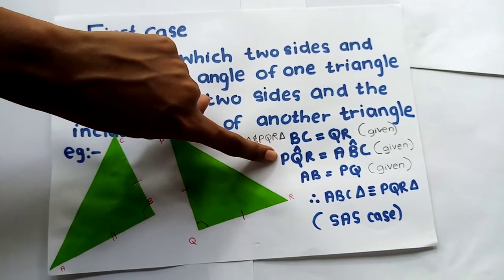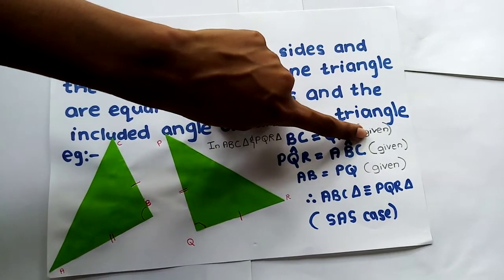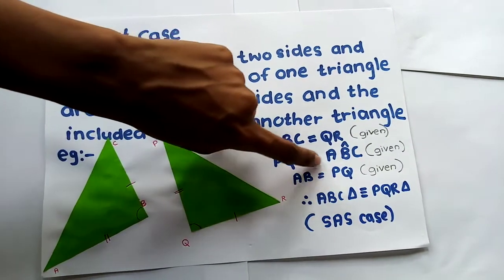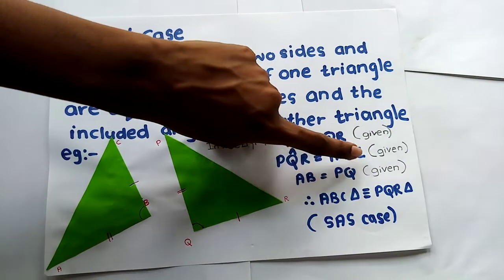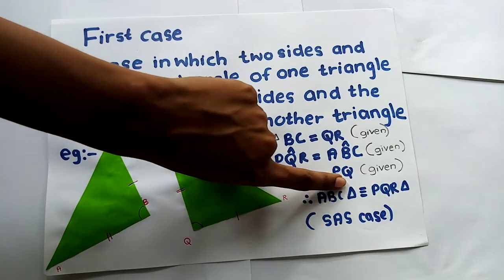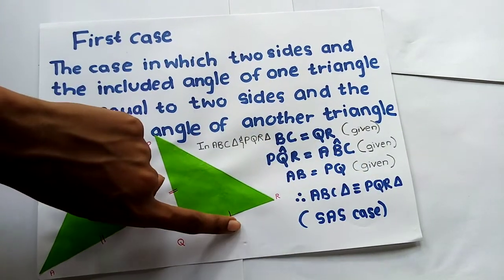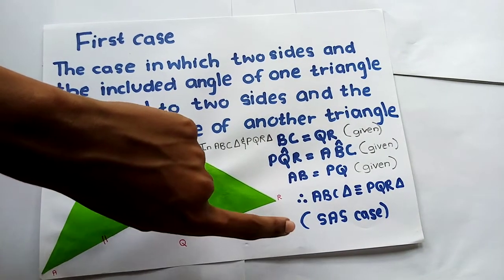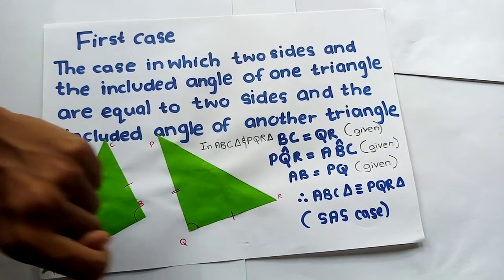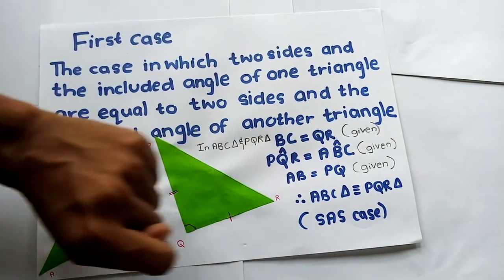Angle PQR is equal to angle ABC. It's also given data. AB is equal to PQ. It's also given data. Therefore, we can decide triangle ABC is congruent to triangle PQR. The case relevant for that is the SAS case. That means side angle side case.